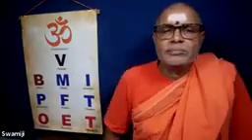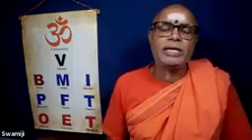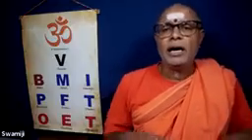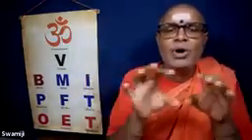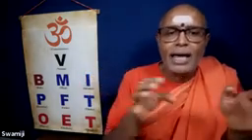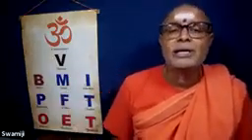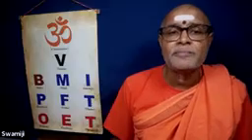And the fourth topic, towards the end of this chapter, is an introduction to meditation, because the sixth chapter is on meditation. The aspect of karma dealt with in chapters 3, 4, and 5 is going to be over at the end of this chapter, and meditation is introduced, because the sixth chapter is Dhyana Yoga.